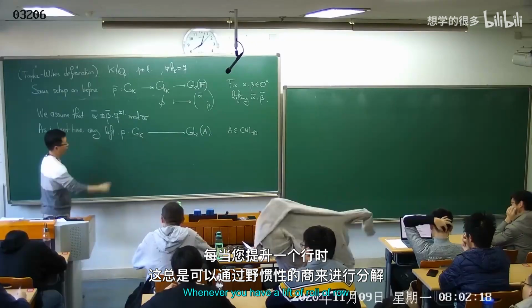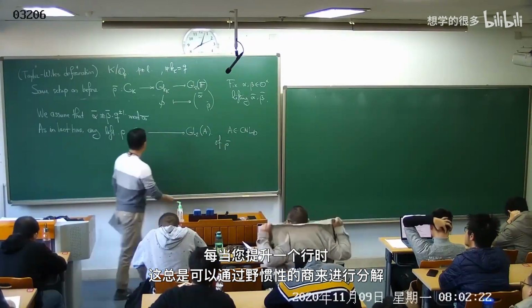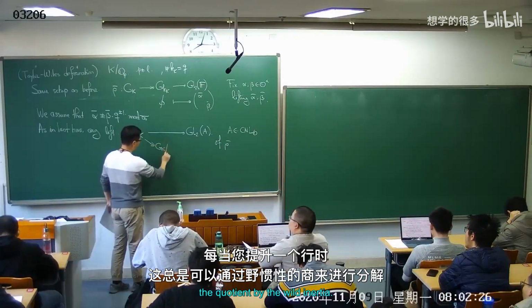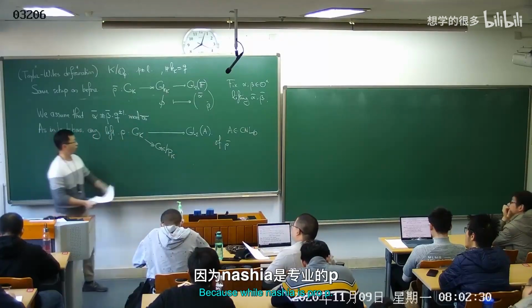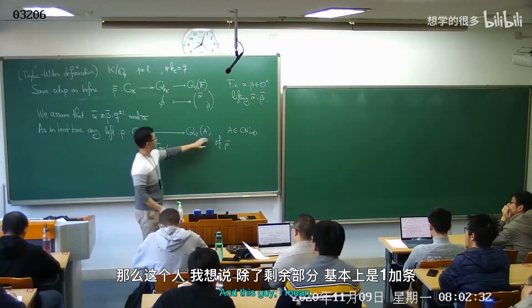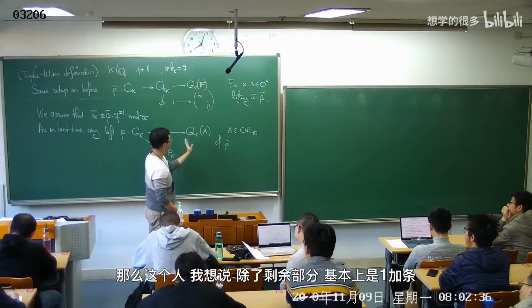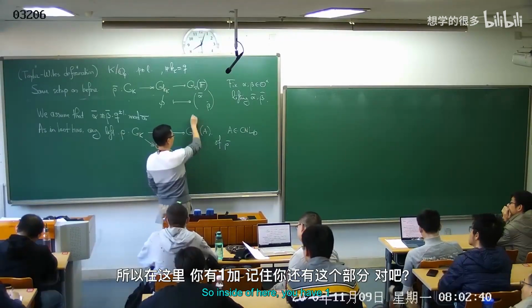Whenever you have a lift of rho bar, this will always factor through the quotient by the wild inertia, right? Because wild inertia is pro-p, and except for the residual part, you have 1 plus the maximal ideal.